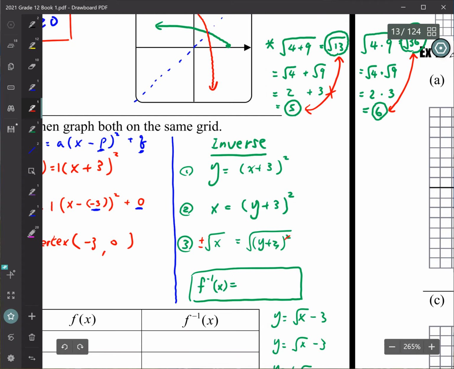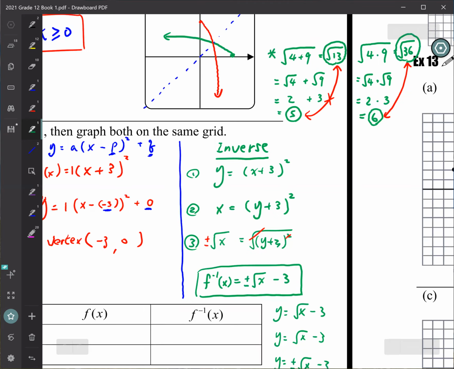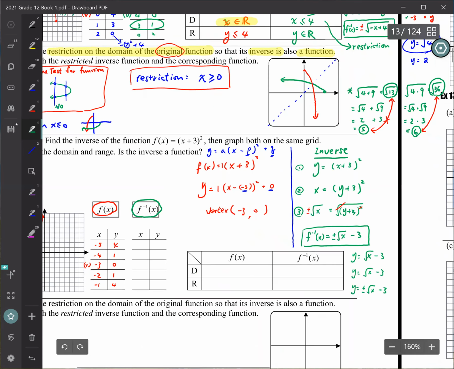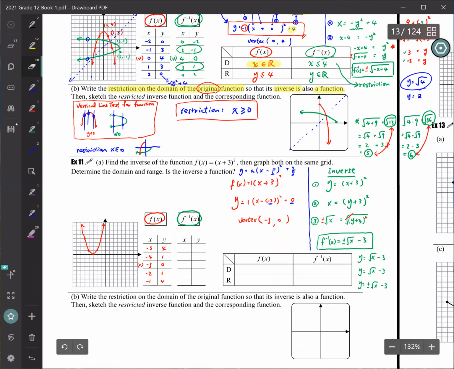And the square root will cancel each other out. And then after that, you move the plus 3 to the left side, okay? So your inverse will now look like plus minus root x minus 3, okay? Otherwise, you don't get the full graph, right? You only have half of it.